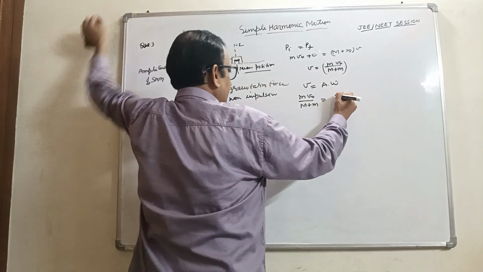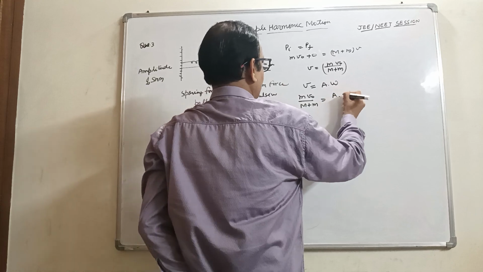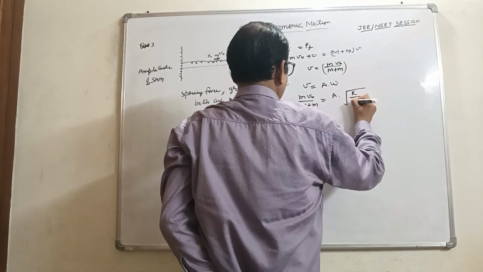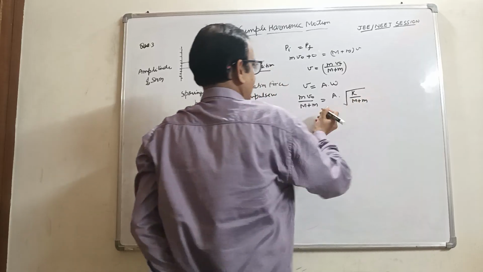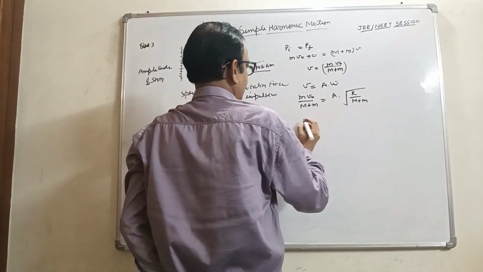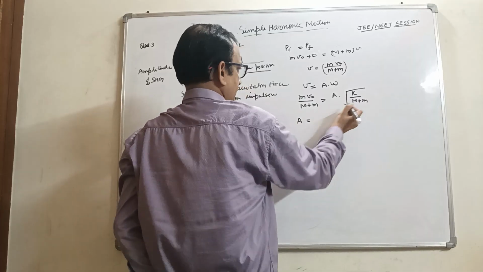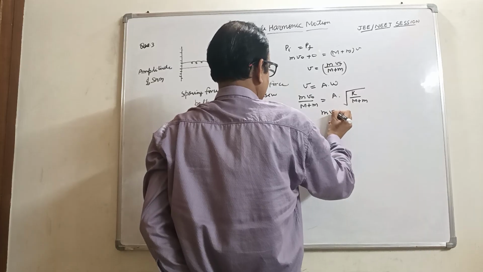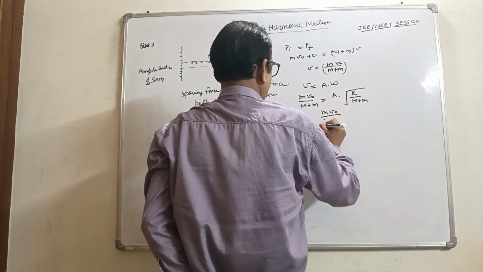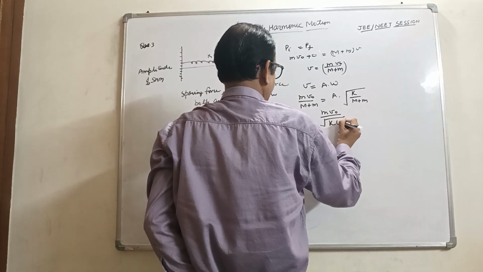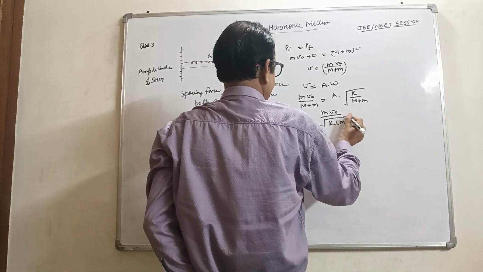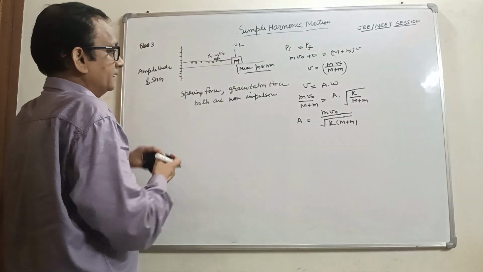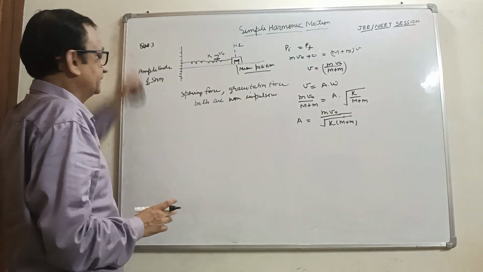This is the amplitude we have to calculate, and omega would be the square root of k upon (M plus m). So the amplitude would be mv naught upon the square root of k(M plus m). Here we find the amplitude of the system.